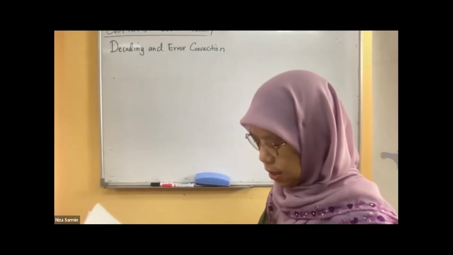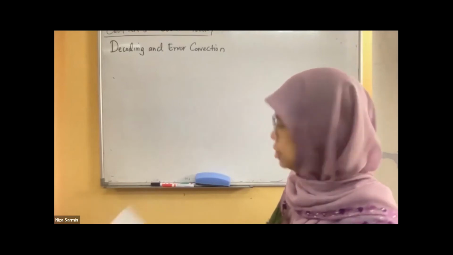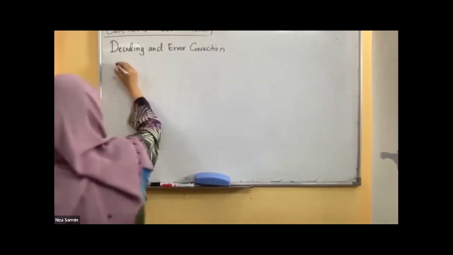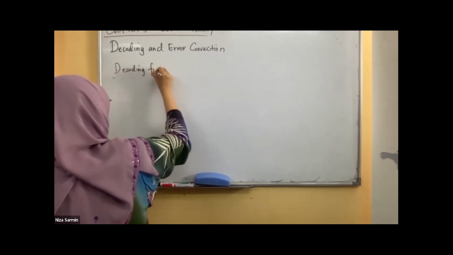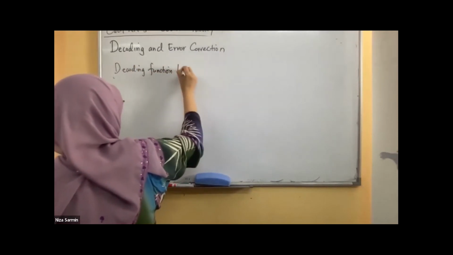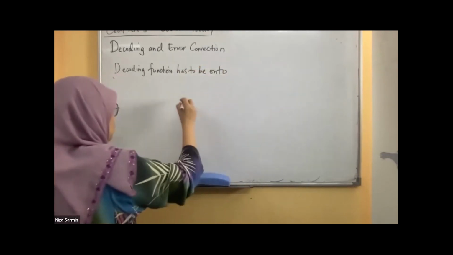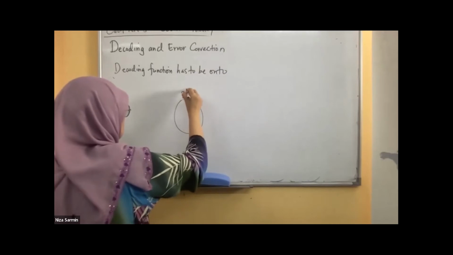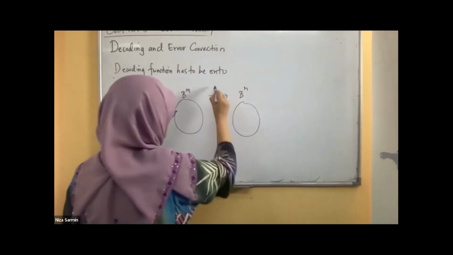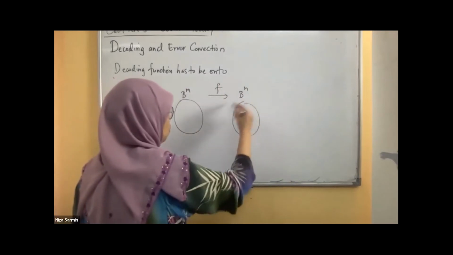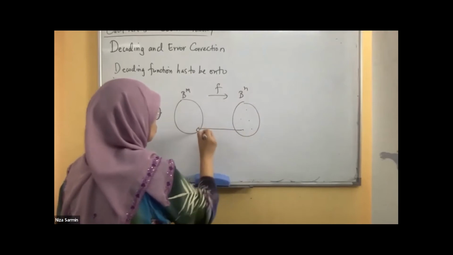Now, make sure that the decoding function has to be 1-1. We have this B^m. We have this B^n. There is an F. We want this to be onto, so anything in here can be decoded back.